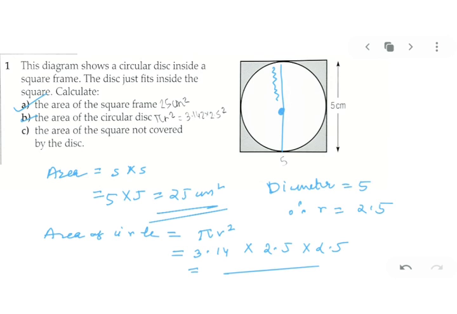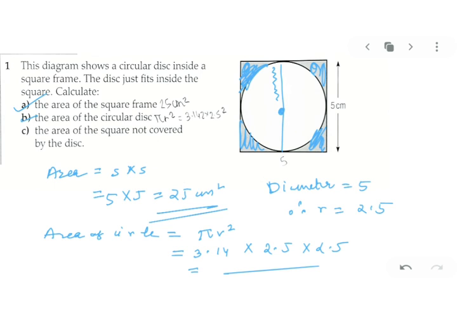Now your third part is area of square not covered by the disk. That means this shaded part. Yes, how will you find the area of this shaded part? Naturally, when you subtract a circle from the square, the remaining part will be the area of the shaded region. Am I correct with this?